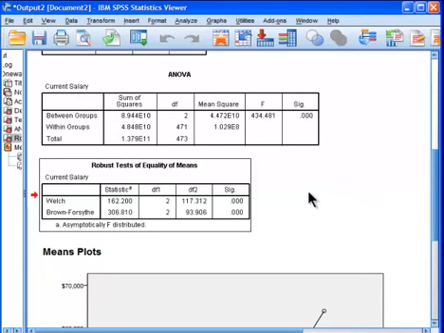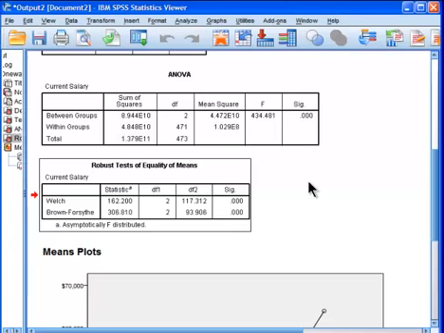Welch is closest to what the ANOVA is actually doing, except that it accommodates heterogeneous variances. I would say it probably accommodates heterogeneous variances more than it accommodates differences in sample sizes. I'll probably go into that in a separate video about how important unequal sample sizes can be in your analysis.